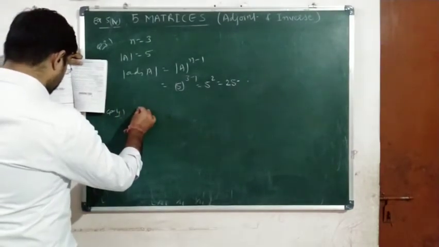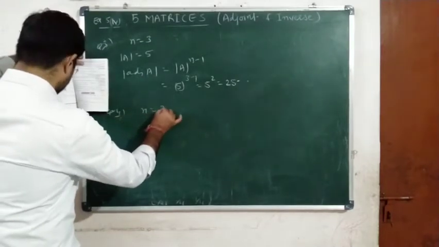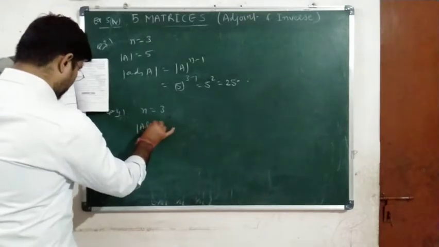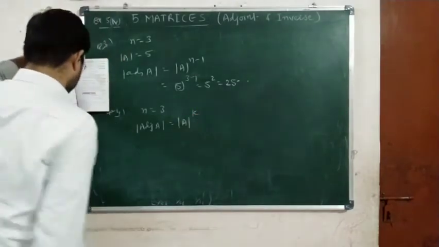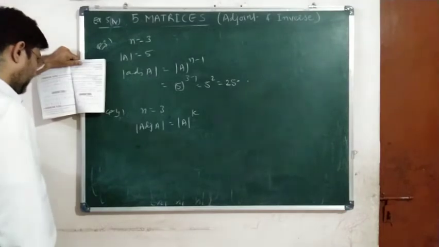Okay. Order of A, n is given to be 3, non-singular matrix. Determinant of adjoint of A is equal to determinant of A raised to k. Then we have to write the value of k.